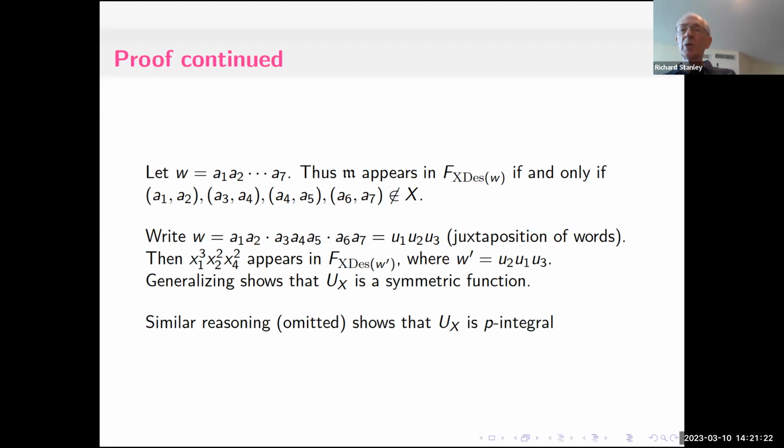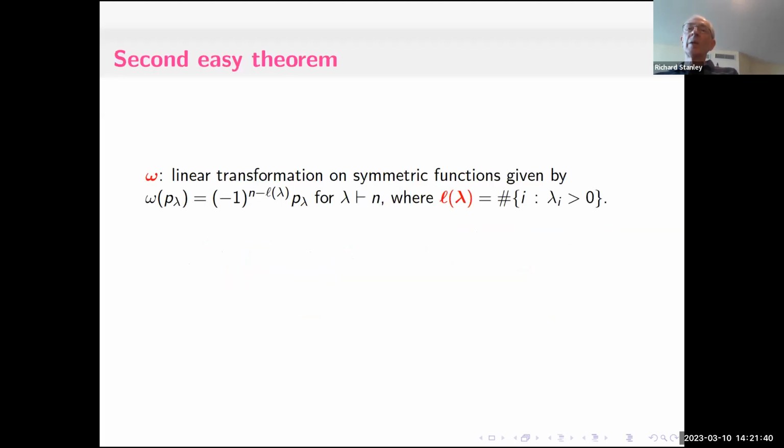Then for a similar reason, which I will omit, which has to do with the freedom you have when you have exponents greater than 1 here, you can show that Ux is also p-integral. So that's my first theorem: Ux is a p-integral symmetric function.